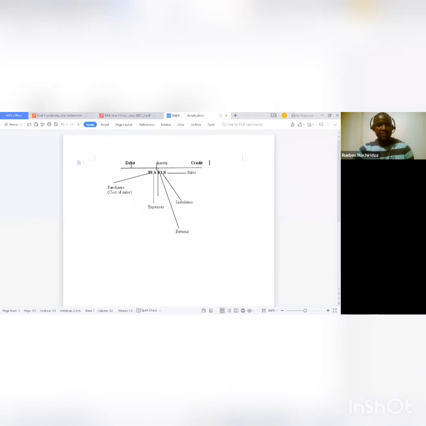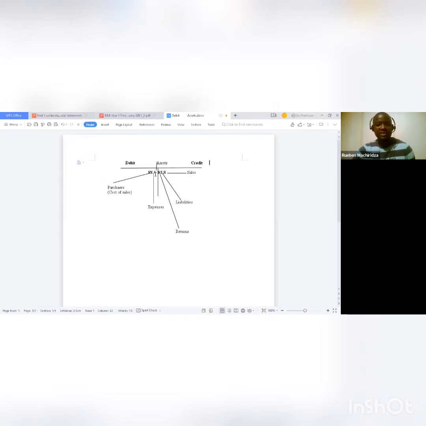On your screen, you'll see we have a T account. The left side is the debit side. The right side is the credit side. In the middle of the T account, we see the word PEARLS, which is an abbreviation of those things that are highlighted. The first P is for purchases, or in your case, cost of sales.